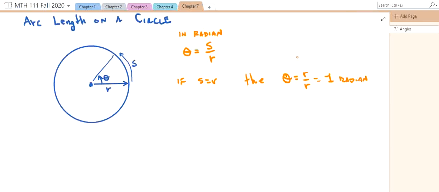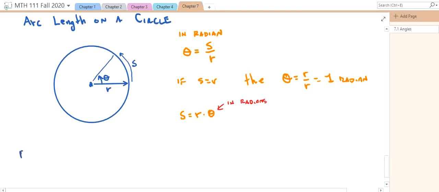Well, we could do this the other way. If that proportion works, we can do this the other way. We could say our arc length S, we can use algebra here, equals R times theta. So now if we know what our angle is in radians, we could calculate this.